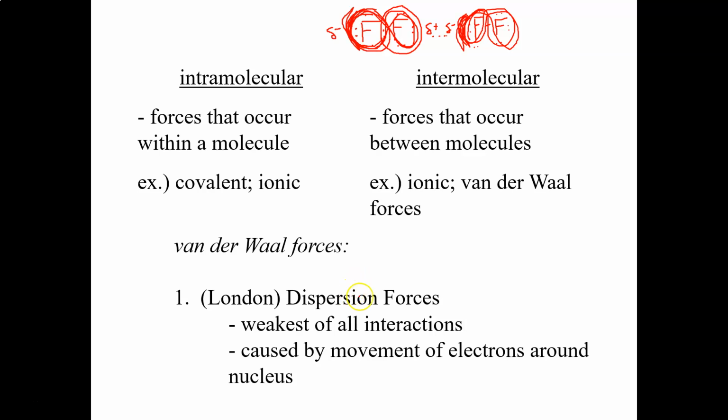So dispersion forces are generally only forces that we talk about with nonpolar molecules. That's the key. Okay? Nonpolar molecules don't have partial positives and partial negatives normally. So the only time that they would ever attract to each other would be through these dispersion forces.